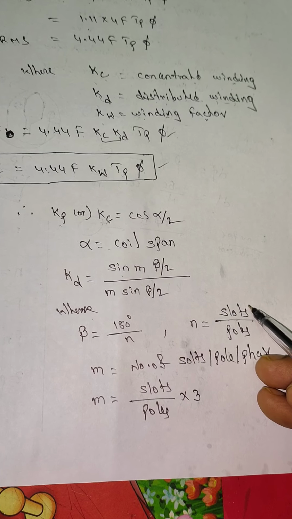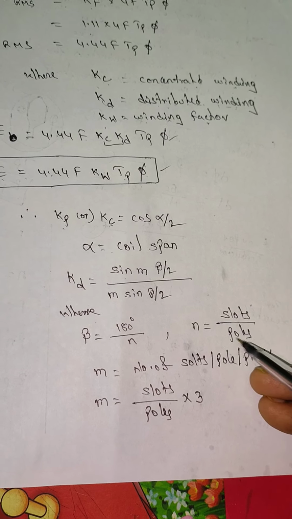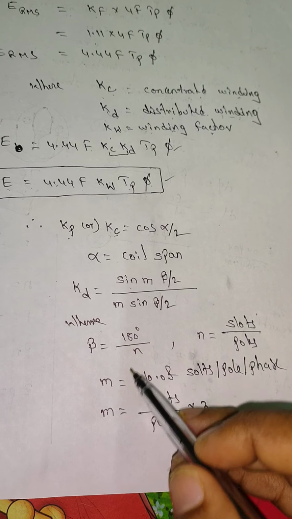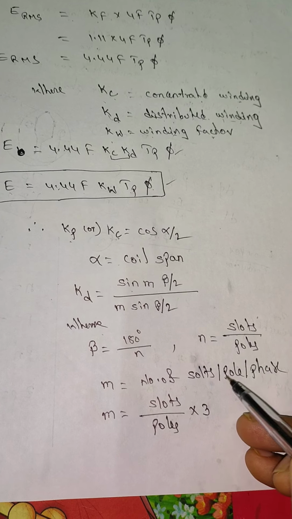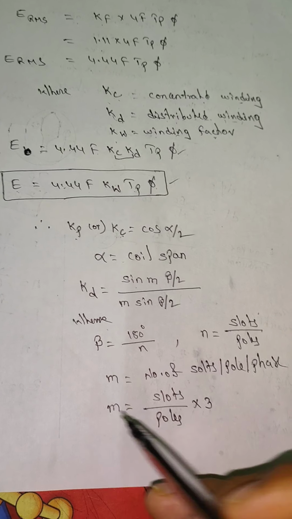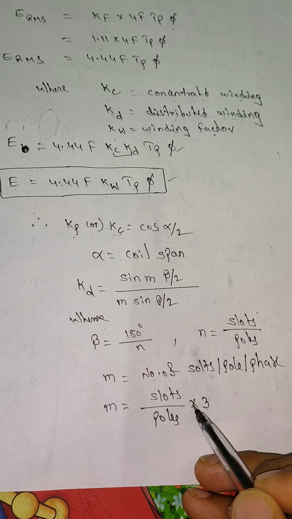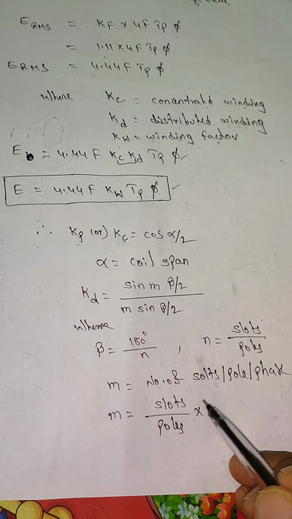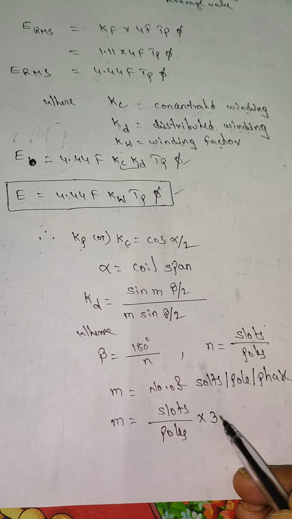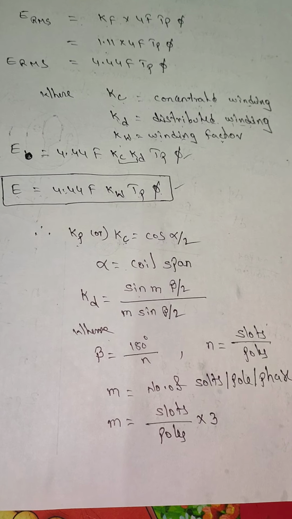Now in the problem they will give the slots and poles. Slots by poles gives you the value of n. M is equal to the number of slots per pole per phase. Now m is equal to slots by poles into 3. Now what is this 3? It is the 3 phase system. If it is 3 phase, you take it as 3. If it is single phase, you take it as 1.